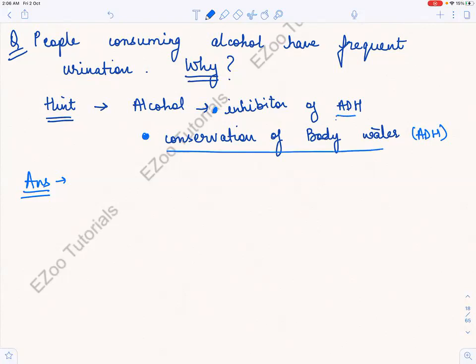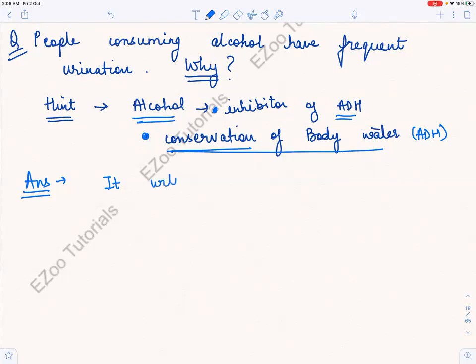अब जब ये inhibit हो गया तो क्या होगा? जब ये inhibit हो गया तो it is helping in the conservation of body water. First point. अब ये inhibit हो गया because हमने alcohol ले ली तो ADH inhibit हो गया, इसका production inhibit हो गया.